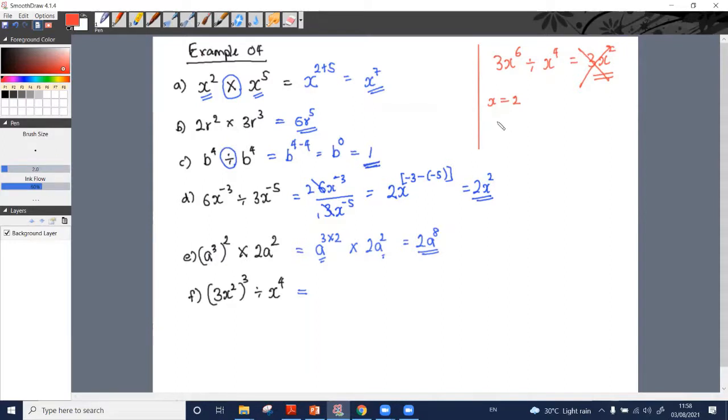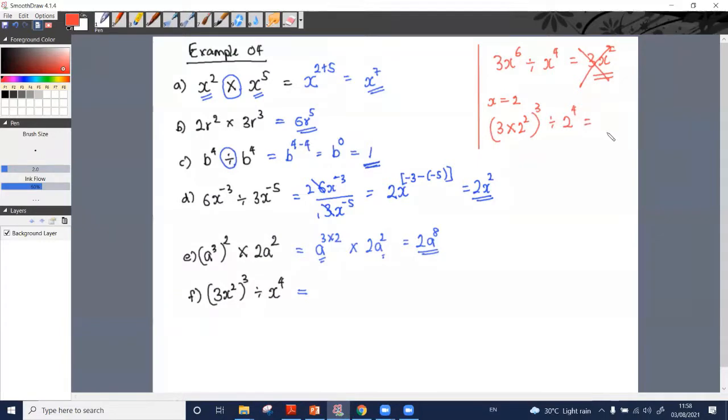What should be the answer? 3 into 2 squared, to the power 3, divided by 2 to the power 4. Instead of x, I have substituted 2.